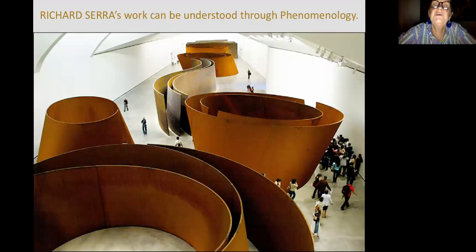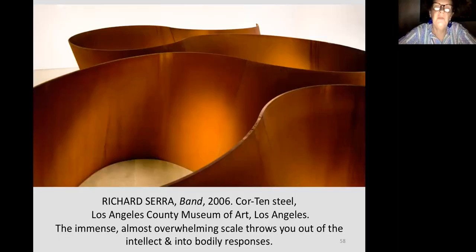Another artist who does great big minimal sculpture that distorts the space and makes you reconsider both the materiality of what he's working with, but also how you relate to that space, is Richard Serra. And I'm sure you all know that Richard Serra has one of his most glorious installations at the Los Angeles County Museum of Art.